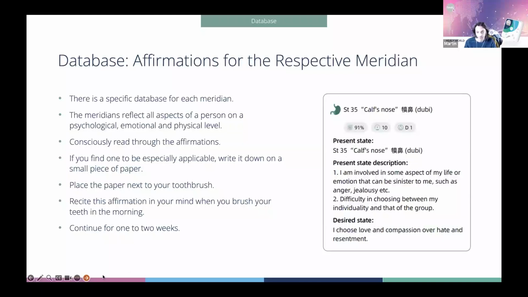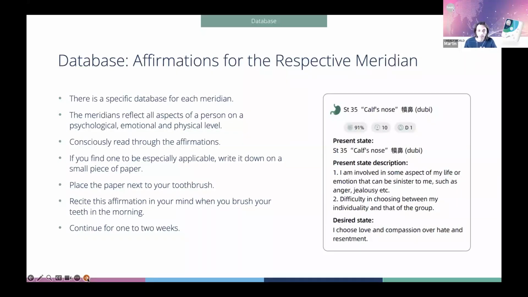And of course, what you should do with this affirmation, depending, you can also choose 3 meridians, so you might have a whole bunch of affirmations there. Read through all those affirmations very consciously and see which one actually triggers something within yourself. Which one do you resonate with the most?